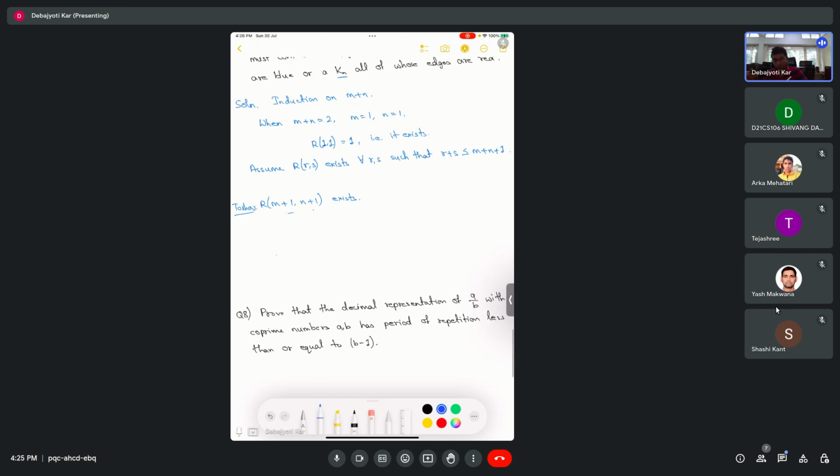And now we want to show that when the sum of these parameters is m plus n plus 2, this also exists. So we want to show that r(m+1, n+1) exists. Okay, so how do we show this?